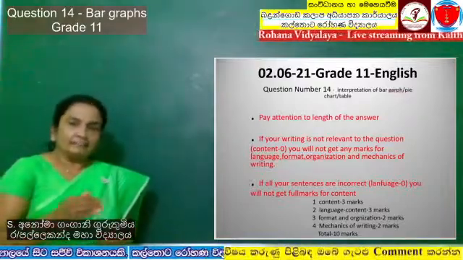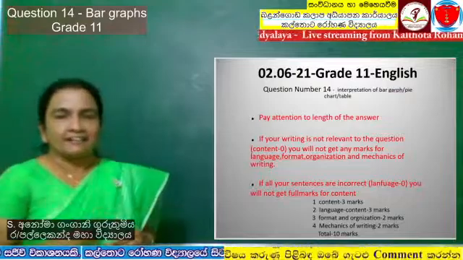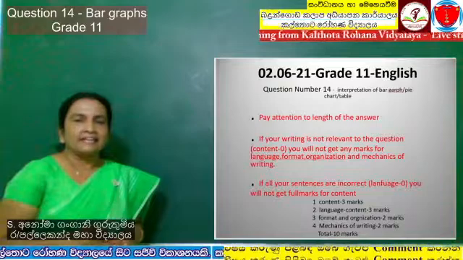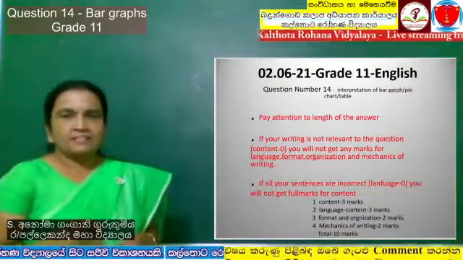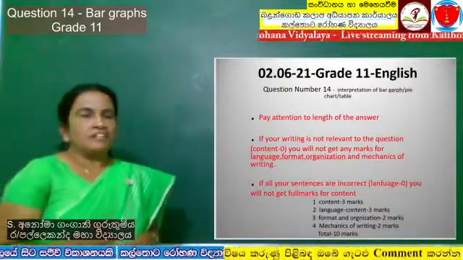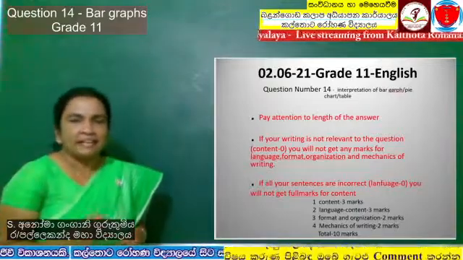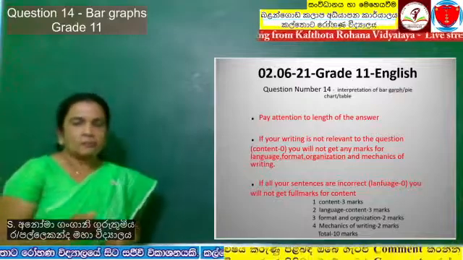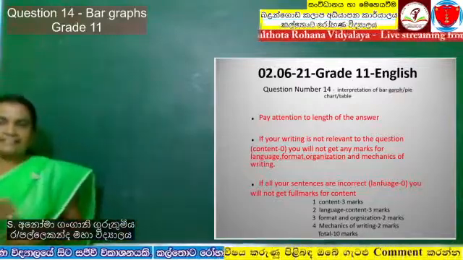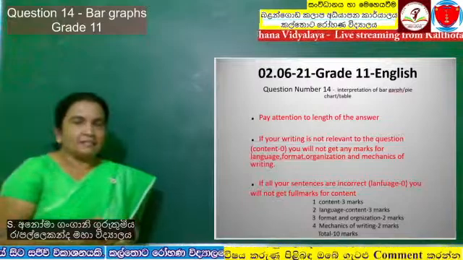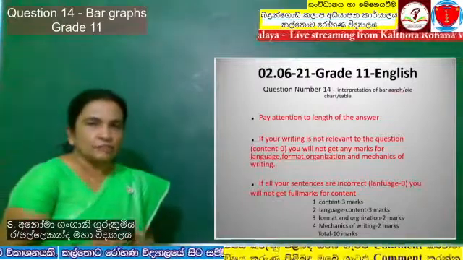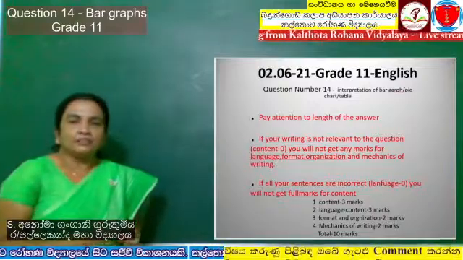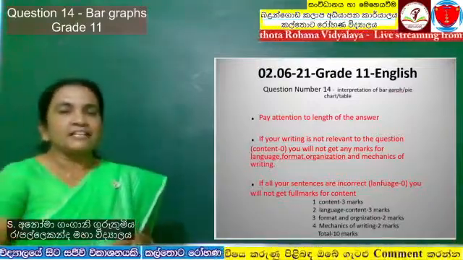Now, the allocated marks: content 3 marks, language 3 marks, format and organization 2 marks, and mechanics of writing 2 marks. Altogether you can get 10 out of 10. That means it is a very easy question. Question number 14, try to do your best.